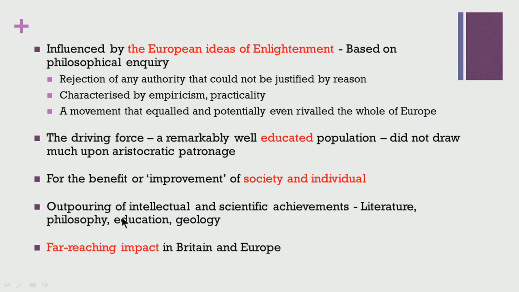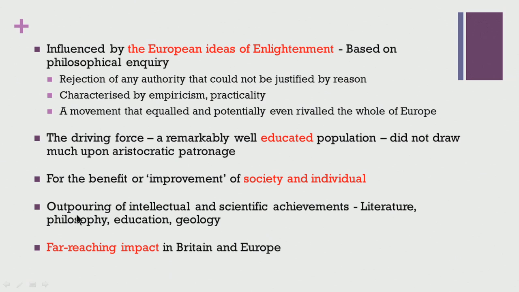The other significant thing was that the Scottish Enlightenment was not a very self-oriented kind of movement. The focus was primarily on the improvement of the society and the individual. In that sense, we do not find class playing a major role in this movement. On the other hand, we find a more egalitarian sort of intervention happening in various fields and disciplines.